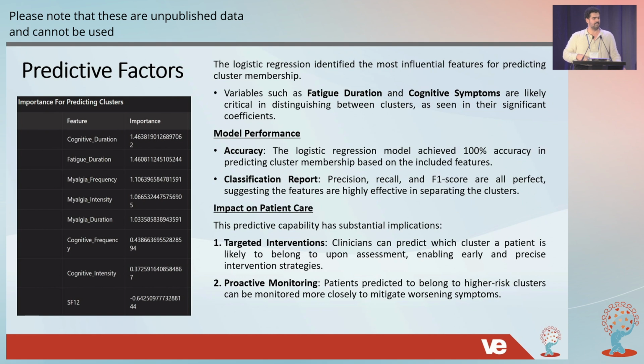The predictive factors, with this logistic regression, the most influential ones are variables such as fatigue duration and cognitive symptoms, the quantity of symptoms. The model performance was quite accurate, again because of the simplification; the quality of life is obviously worsened, so of course it is going to be an accurate model.